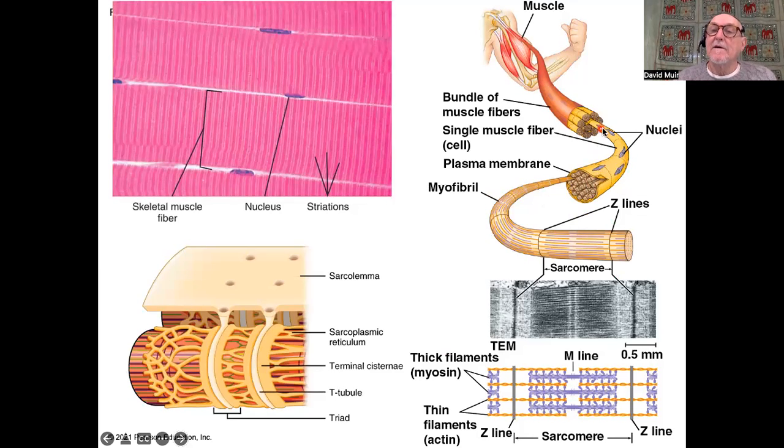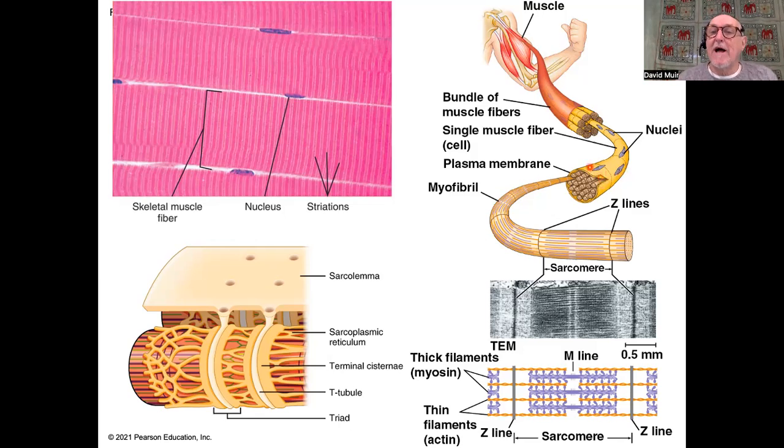This here is actually an individual muscle fiber. It's actually a very large cell. It's a muscle cell, but it has many nuclei. It's formed from the union of, originally, many cells joined together, organized, and lost their cross walls.